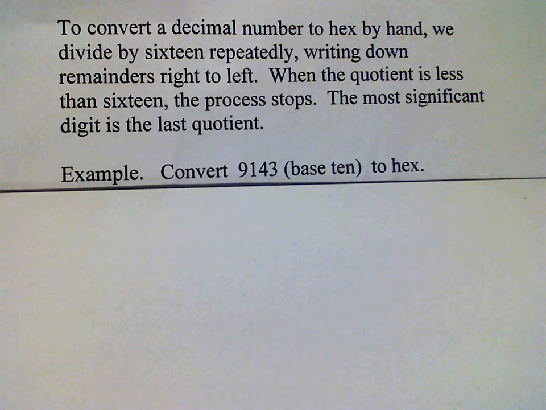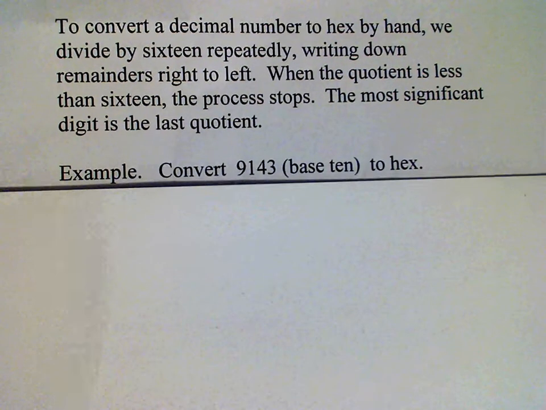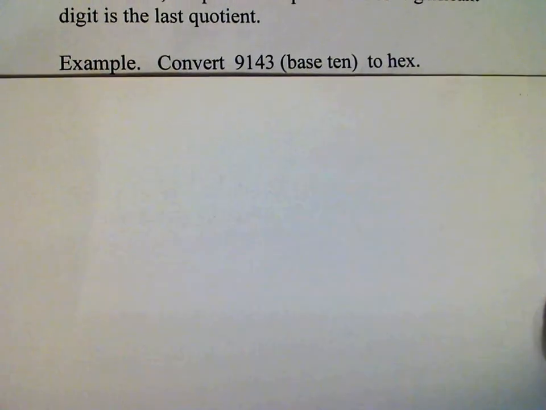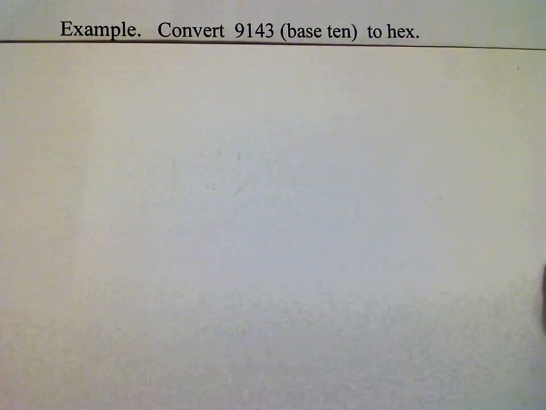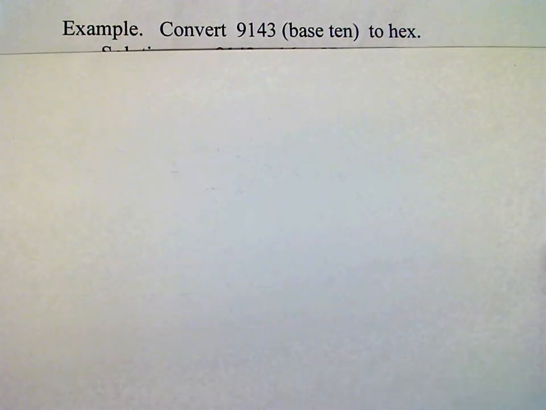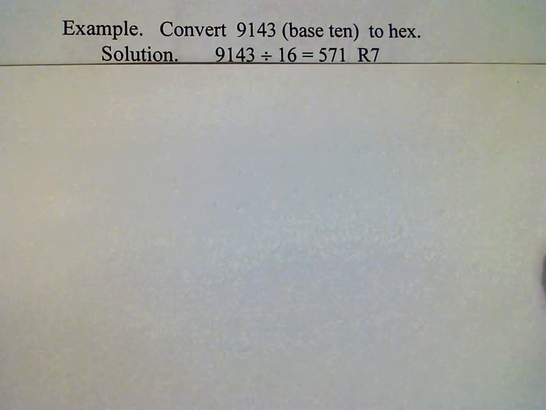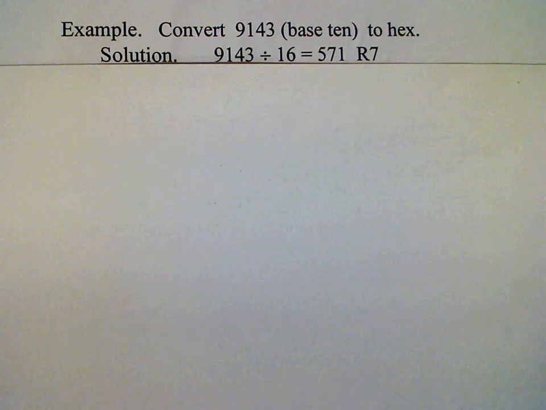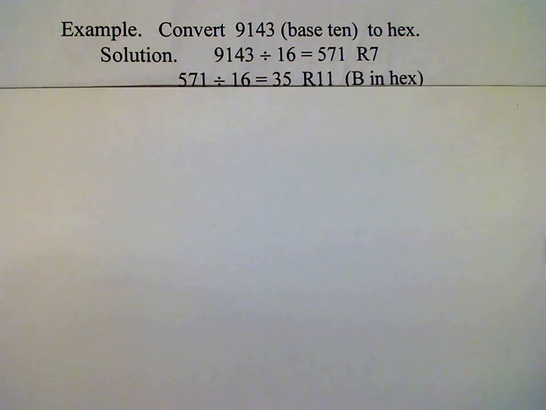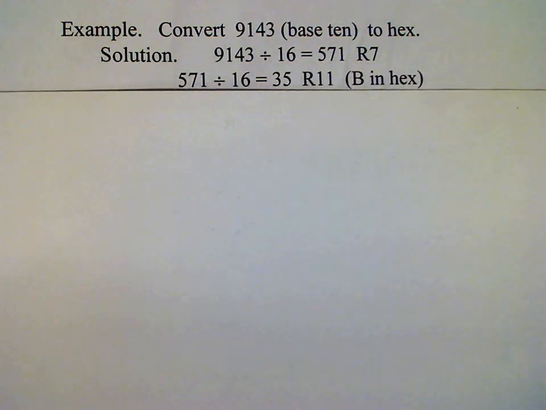Okay, so for example, we need to convert 9,143 in base 10 to hex. Okay, so we divide 9143 by 16, we get 571. We keep the remainder, which is 7. Then we divide 571 by 16 and get 35, with remainder 11.